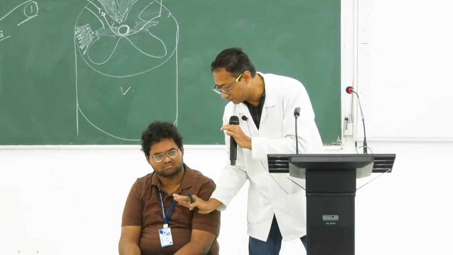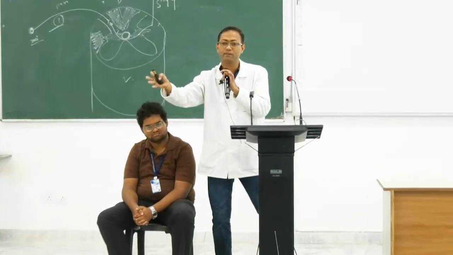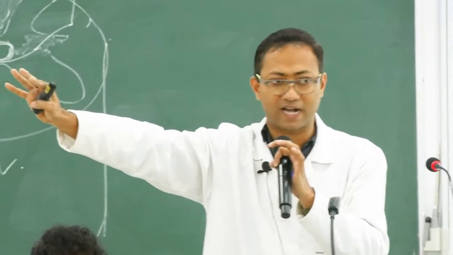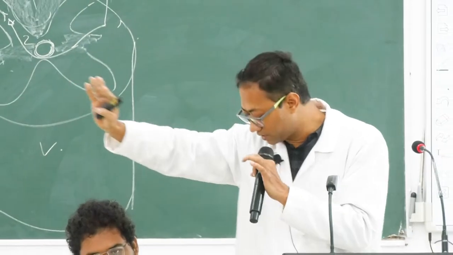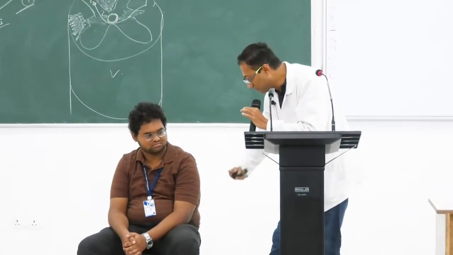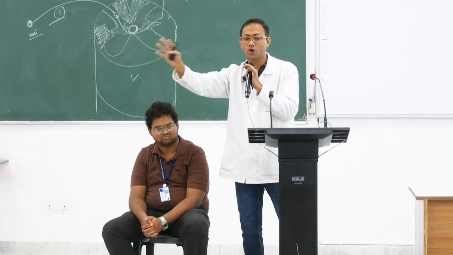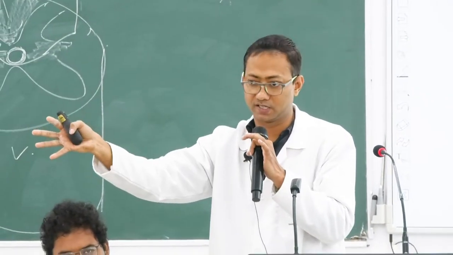Both the proprioception and pain temperature, everything will be gone. Okay, this is complete spinal cord transection. So if I do complete spinal cord transection at some level, below that level, all sensations will be gone, be it proprioception or joint position, vibration sense, as well as pain temperature sensation.